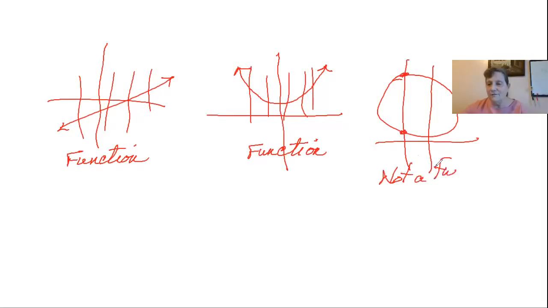Now we can draw a graph of a circle. We can write an equation of a circle. None of those necessarily determine whether it's a function or not. But if the graph has points that line up vertically, they share the same x value. Here's the x value for those 2 points. So it can't be a function.